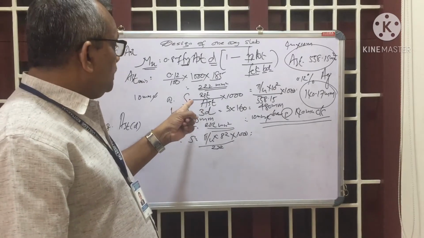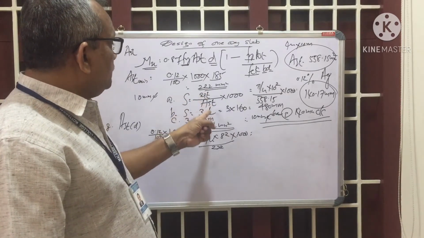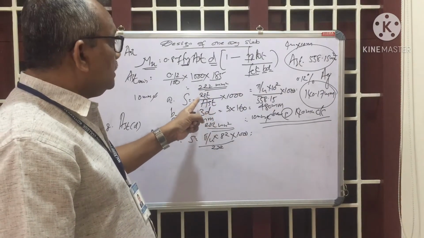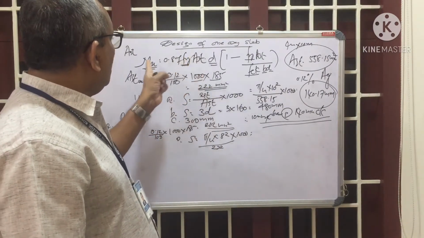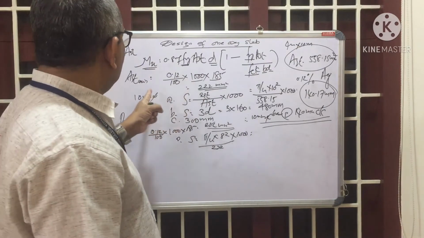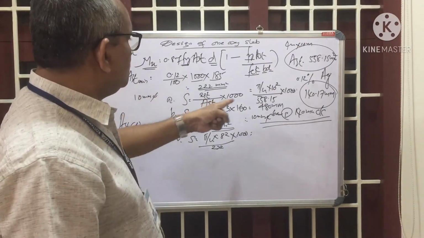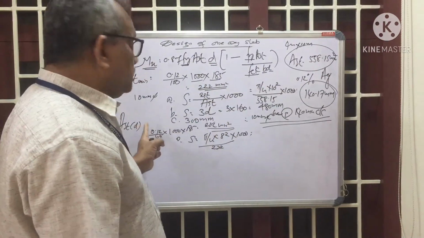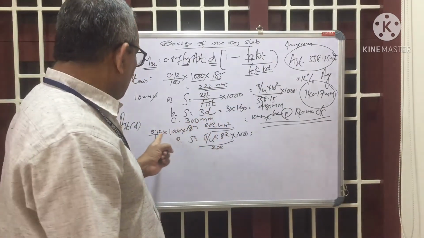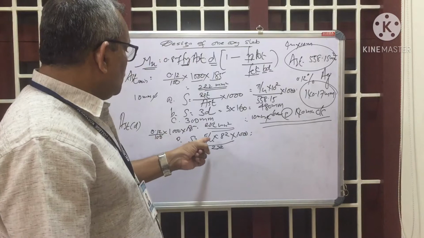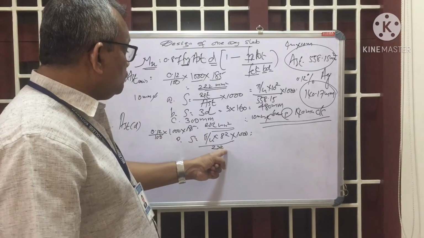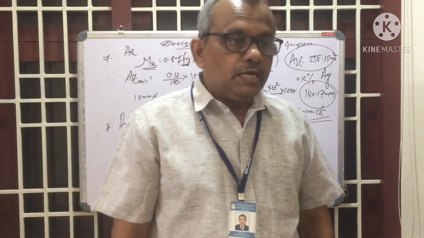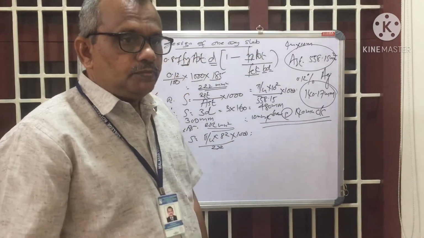Here for the main steel we have taken small ast by Ast into 1000, where this Ast was the Ast of the main reinforcement, that we got as 558.15. Here the Ast for the distribution steel is 222.